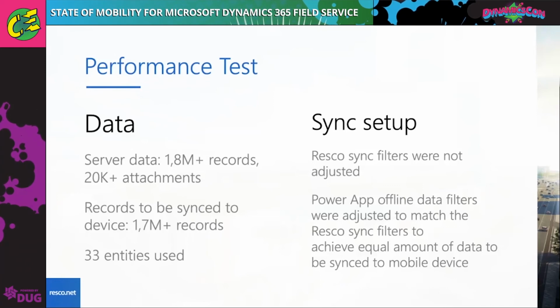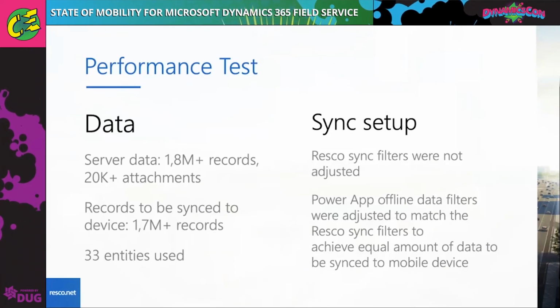So we didn't adjust the Resco synchronization filters at all. We haven't touched them. And with the Power App offline data filters, we tried to adjust them so that they match the Resco synchronization filters as much as possible.